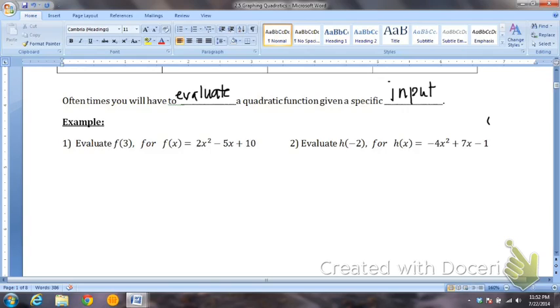Now, we haven't really talked about f of x yet. It looks new to you and maybe a little bit scary, but all f of x really means is f stands for function of x, all right? Because would you agree this equation is given to us in terms of x, right? So this is the function of x.